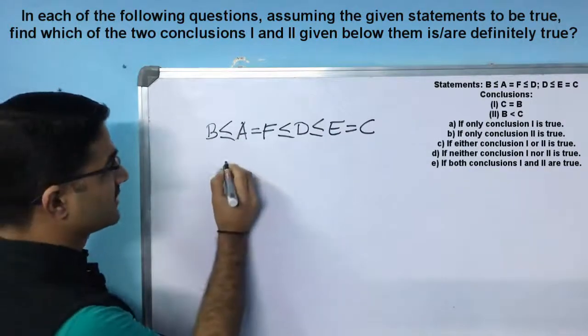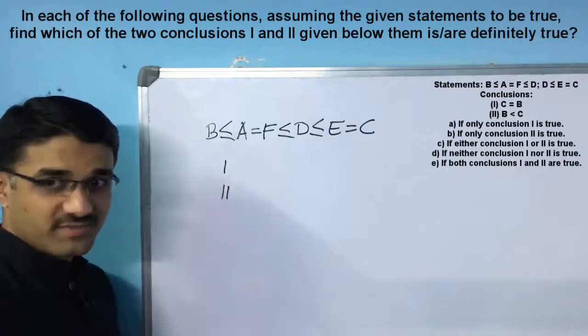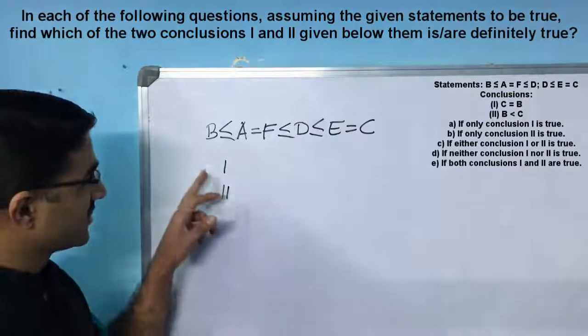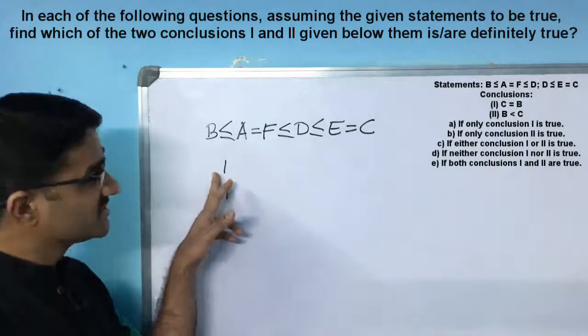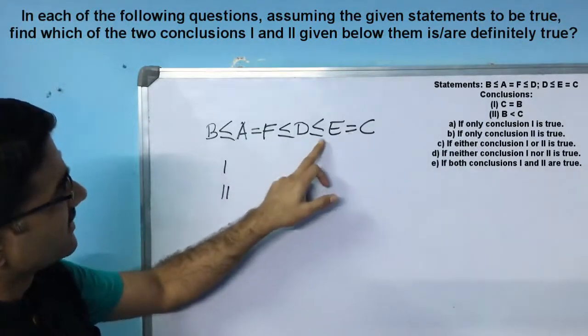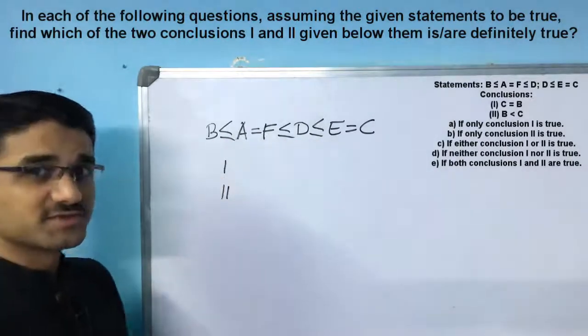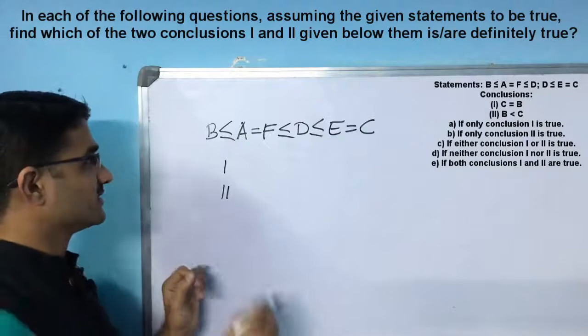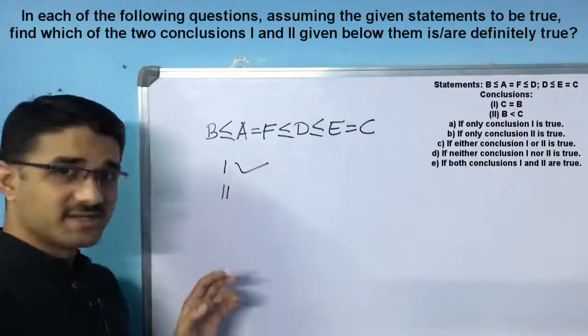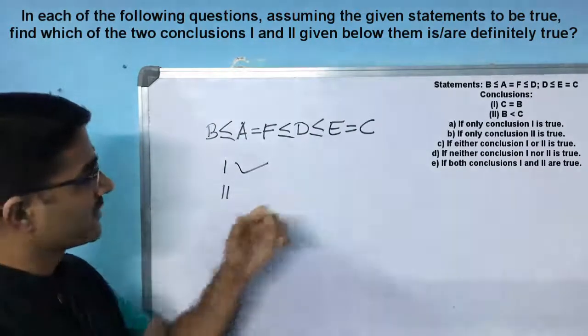Conclusion 1 is C is equal to B, and conclusion 2 is B is less than C. So let's take first C is equal to B. Here there is an equal sign. Of course, one of the options says C is equal to B, so 1 is valid. But let's consider the second, B is less than C. That's what you are seeing there.